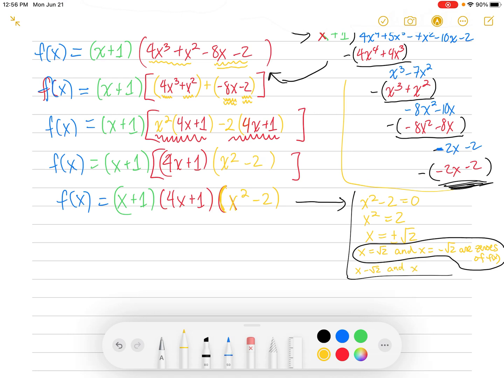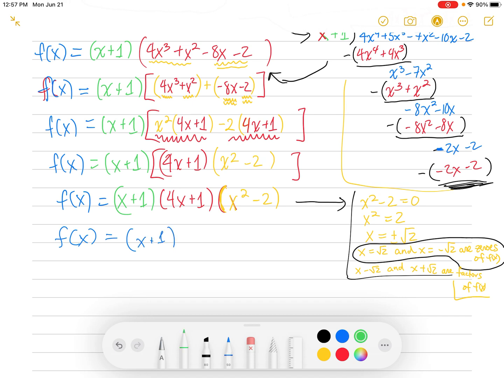And that means, so I'm going to circle that, it's important, that x minus root 2 and x plus root 2 are factors of f of x. So we can break up the yellow x squared minus 2 into x minus root 2 and x plus root 2.